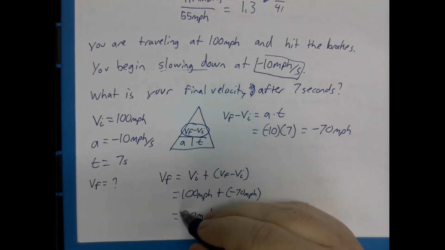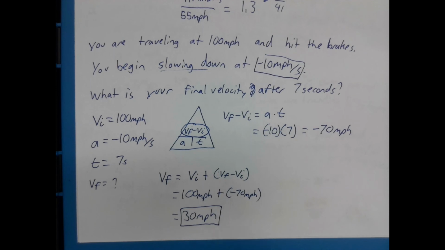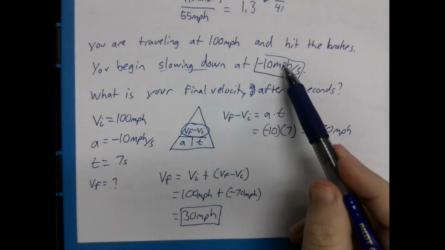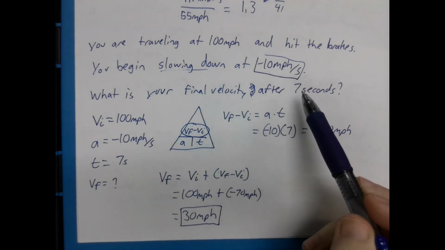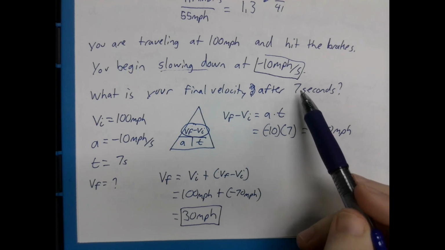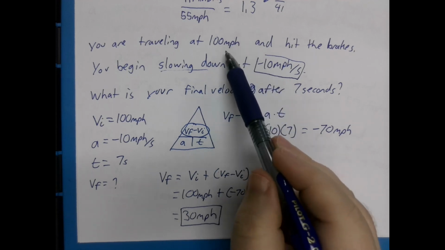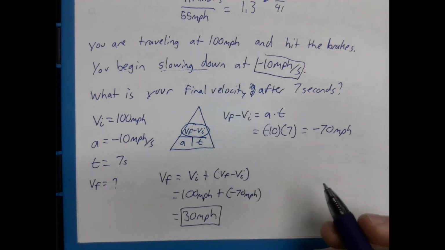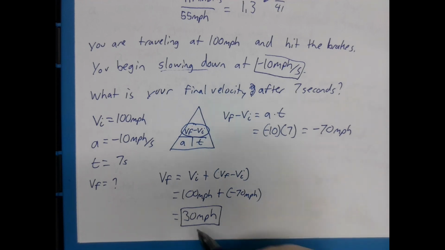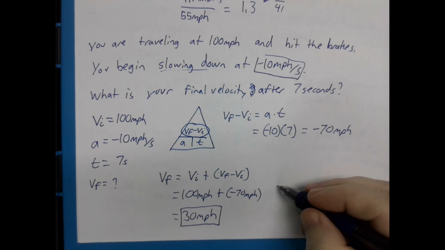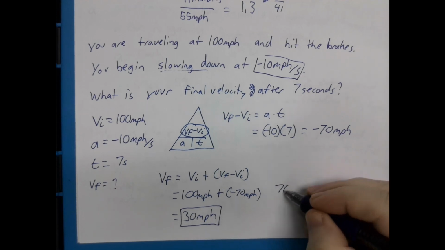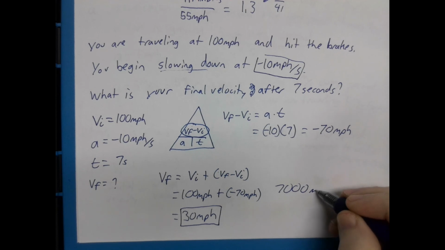Once you've done this, the best thing I would say is go back and check and see if your answer makes sense. So if you are slowing down 10 miles per hour every second, and you're looking for what happens after 7 seconds, we would expect this number to go down, and we would estimate it to be somewhere around 30 miles per hour. I've seen some people put answers like 7,000 miles per hour.